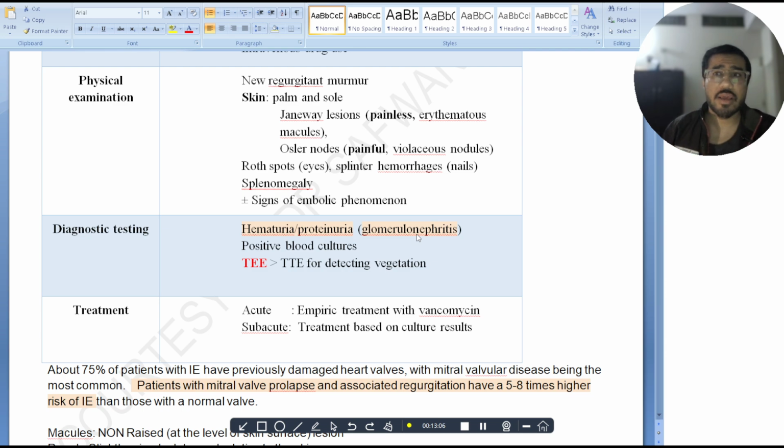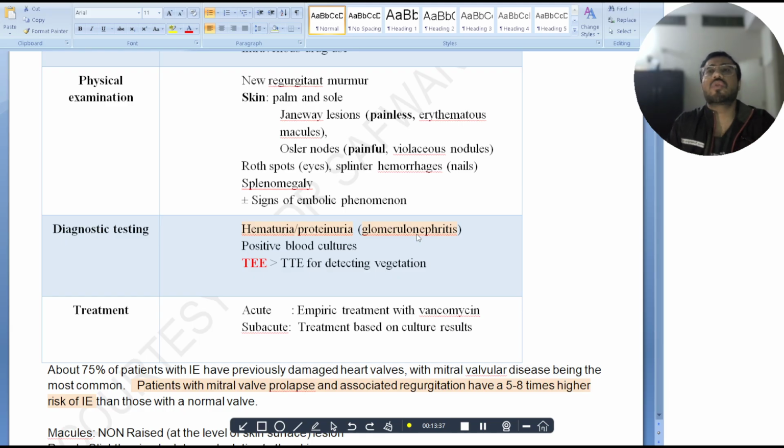So you might think in PSGN there is no murmur, but the red urine and the skin finding may confuse you with the fact that it might be infective endocarditis. They're just going to say the patient has subcutaneous nodules, and you might think those nodules might be Osler's nodes, and blood in urine, yeah, sounds like glomerulonephritis due to infective endocarditis, but that's not the case.